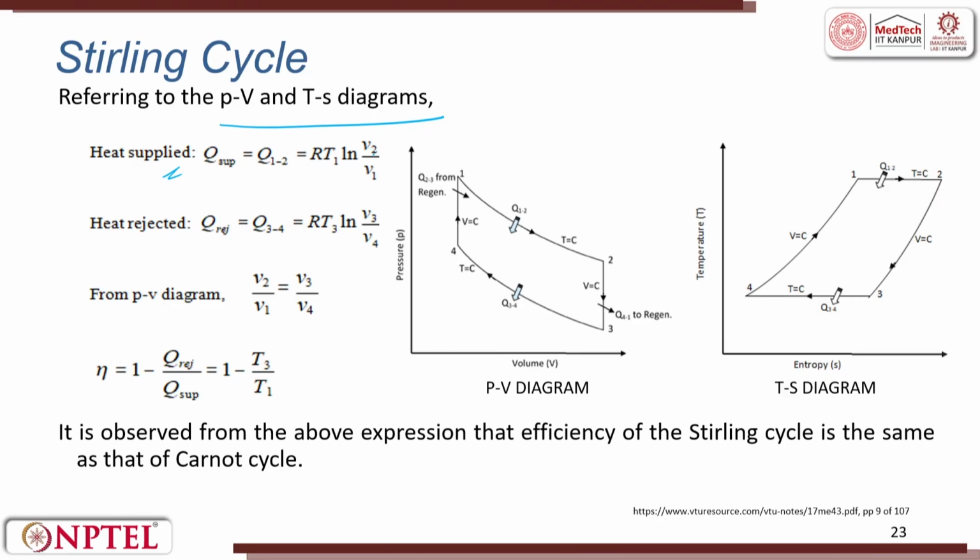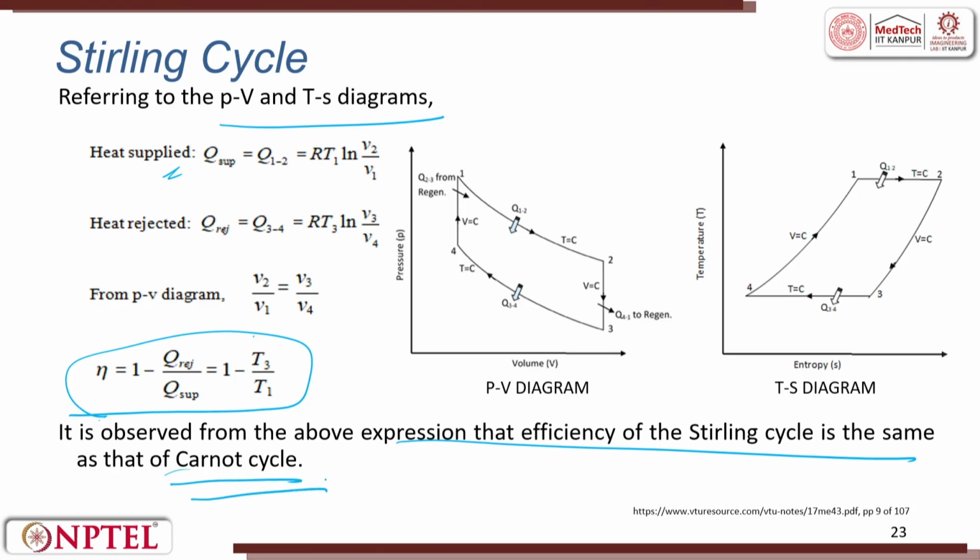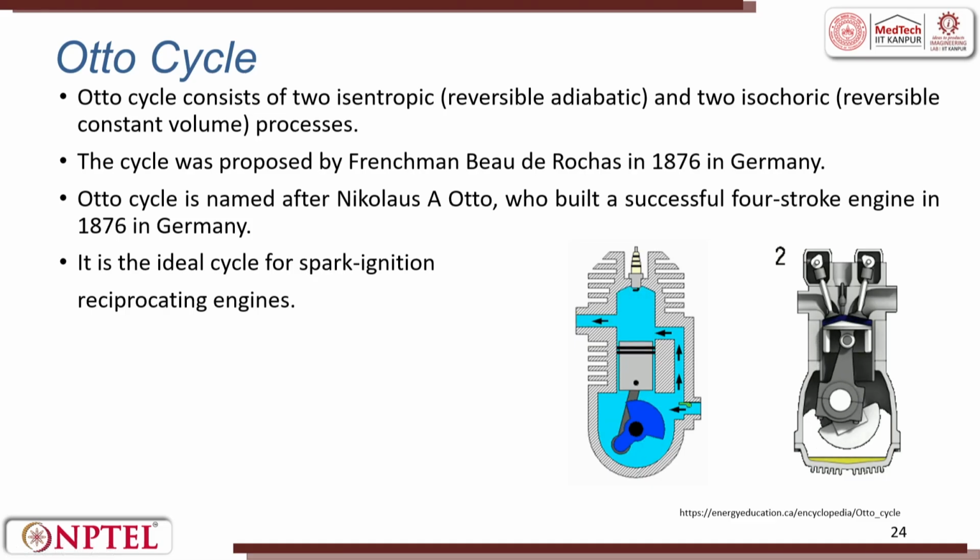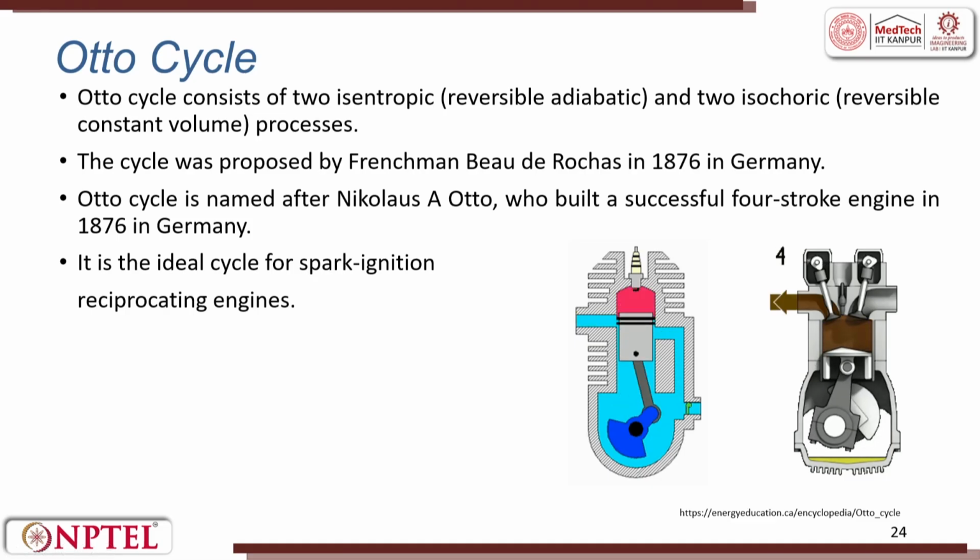Now, since V2 by V1 equals V3 by V4, the final efficiency will be 1 minus Q reject by Q supply, which is nothing but 1 minus T3 by T1. It is observed from the above expression that the efficiency of the Stirling engine is the same as that of the Carnot cycle.